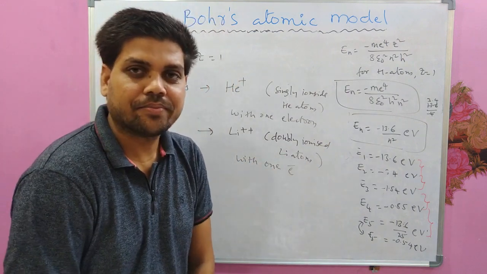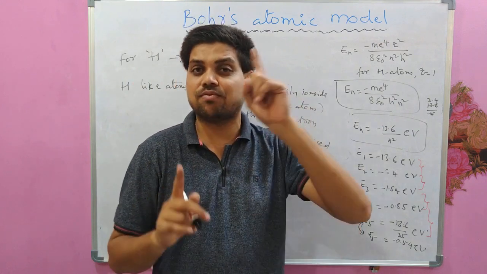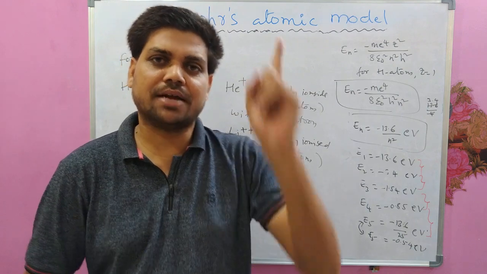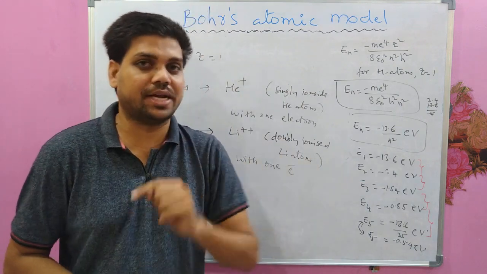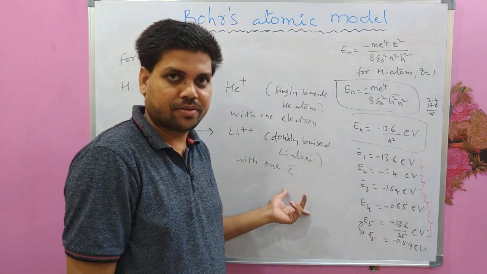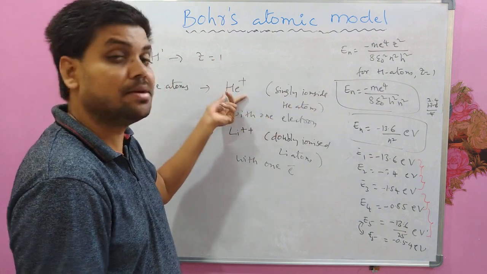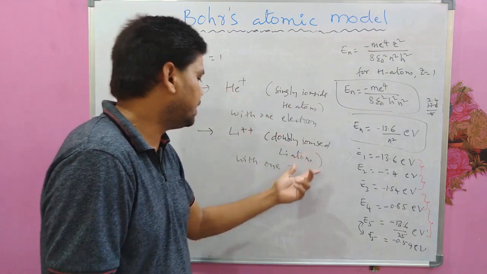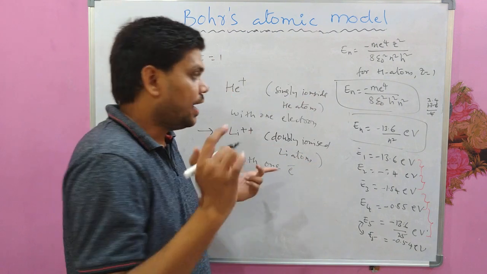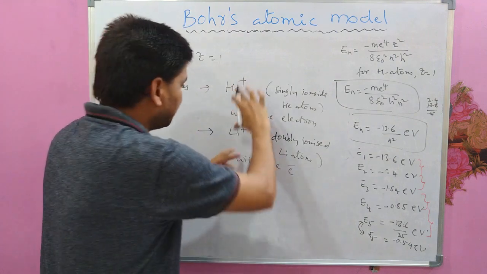which means that Bohr atomic model is applicable to the atoms of 1 electron. If that atom is containing 1 electron like hydrogen atom, then Bohr atomic model is applicable. So helium plus 1 electron with singly ionized helium plus, lithium plus plus doubly ionized 1 electron. And Bohr atomic model is applicable to these two.